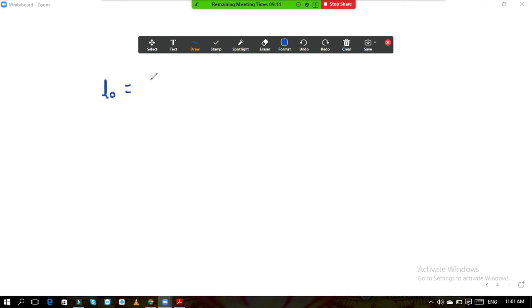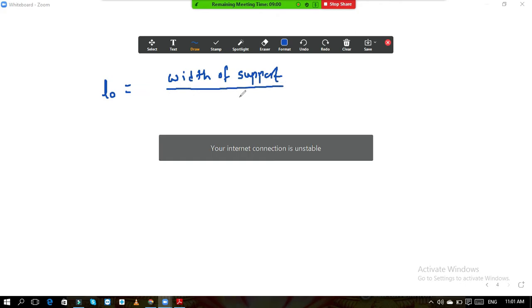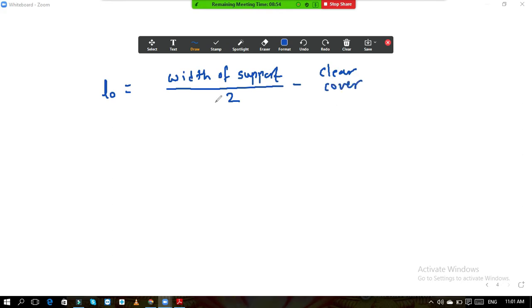So L0 is equal to width of support divided by 2 minus clear cover.